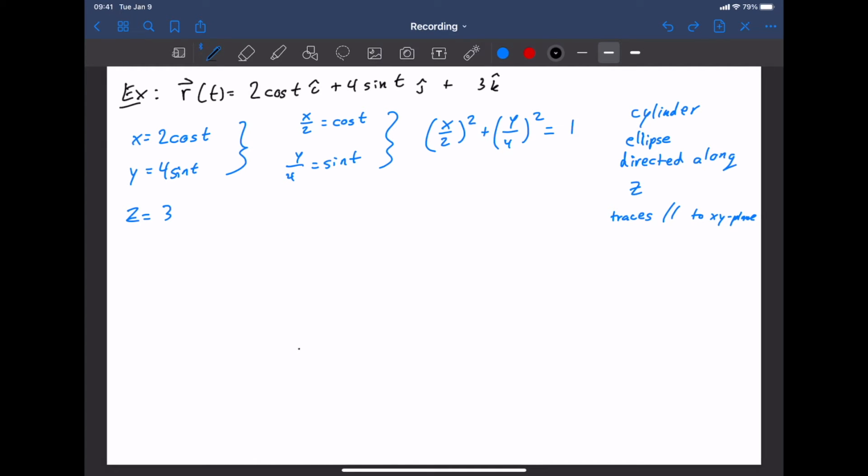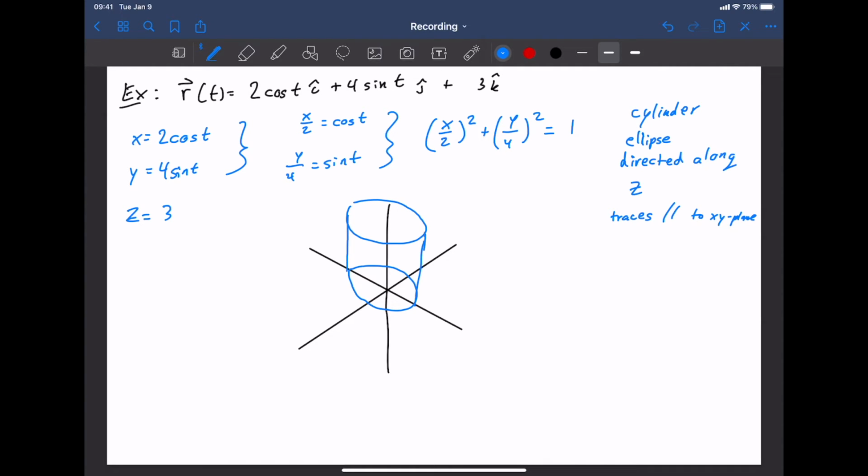So if I try to draw my xyz axis, we're talking about a cylinder, and it's a little longer in the y direction. So that's our cylinder.